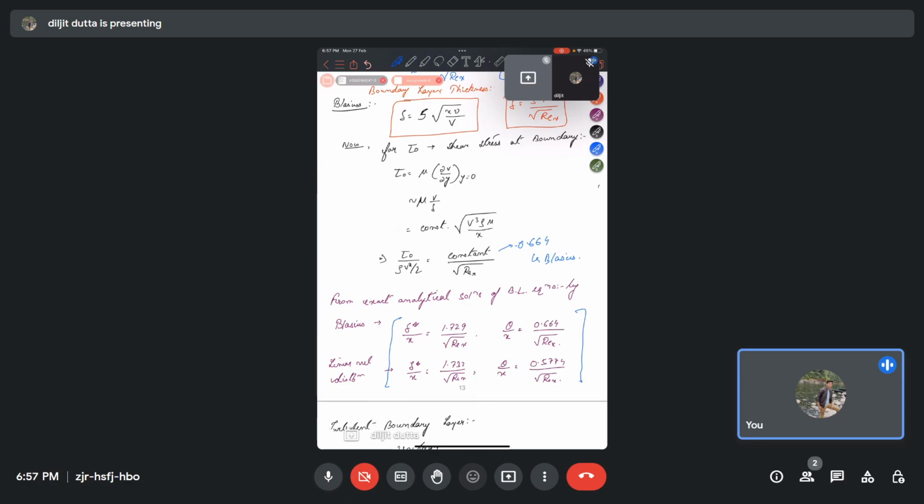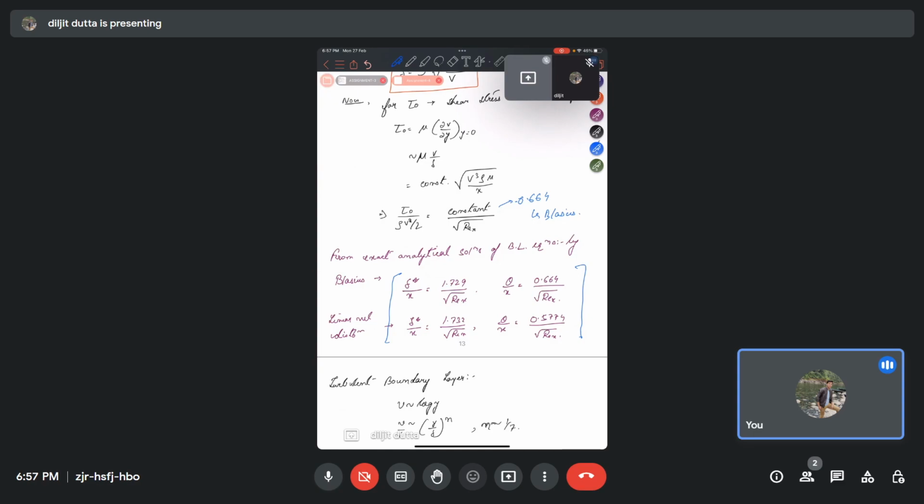Secondly, if we consider a linear velocity distribution in the flow, solving the equations becomes quite simple, and we get the displacement thickness as 1.732 x by root Re x and the momentum thickness as 0.5774 x by root Re x.